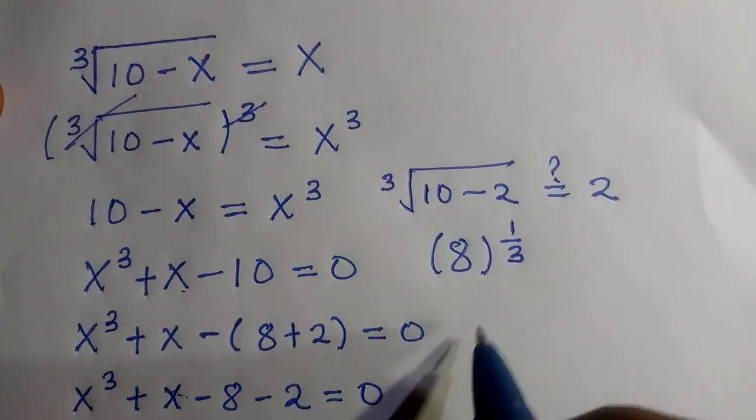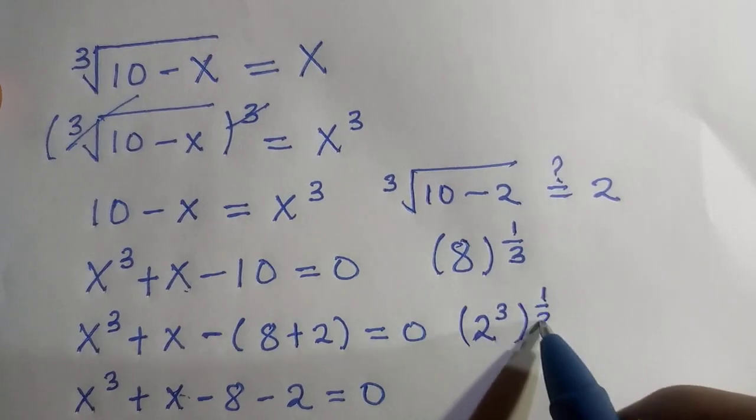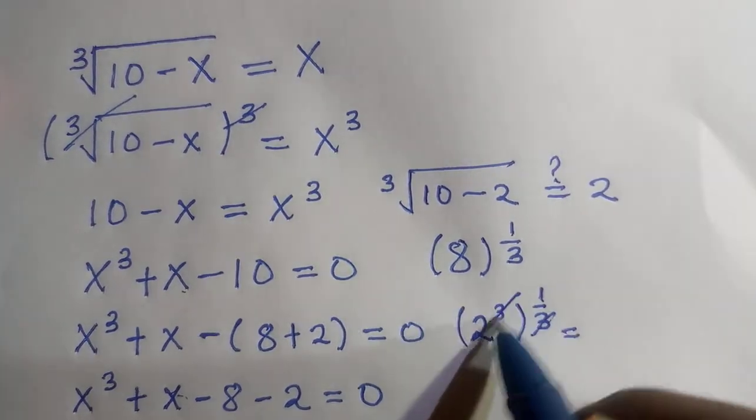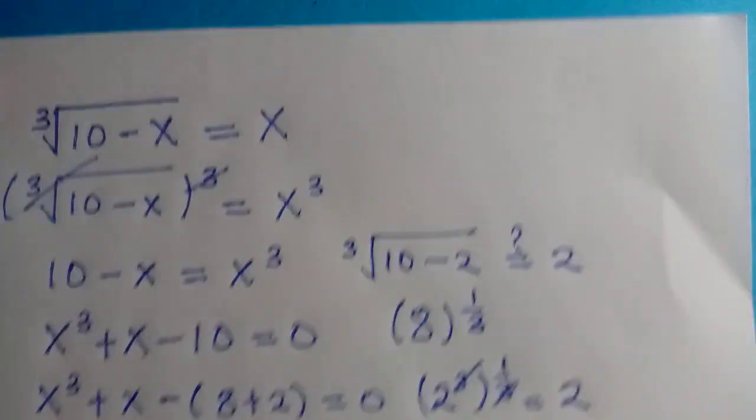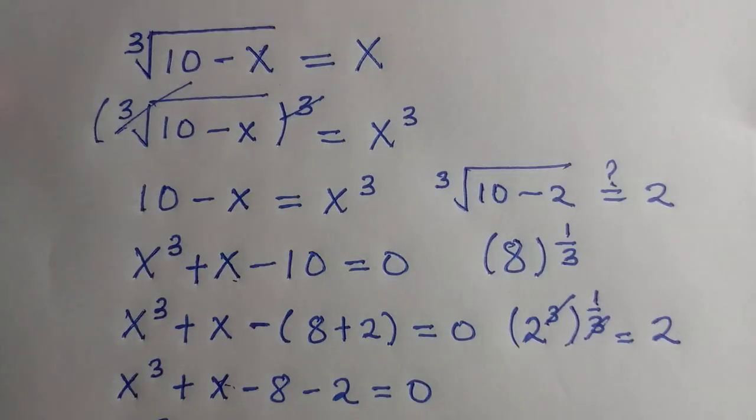We can also write 8 as 2 to the power of 3, all raised to the power of 1 divided by 3. If this cancels, we have 2 at the right-hand side. So x equals 2 satisfies this problem, and I've already tested it when x equals minus 1 plus or minus 2i.